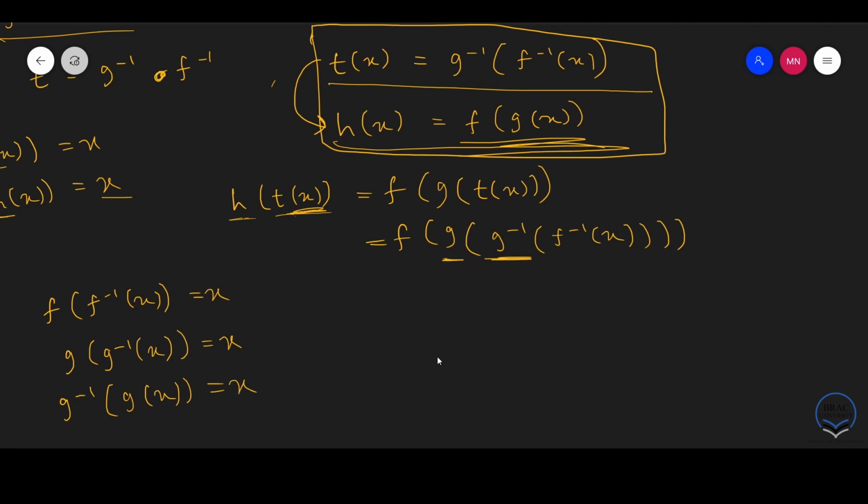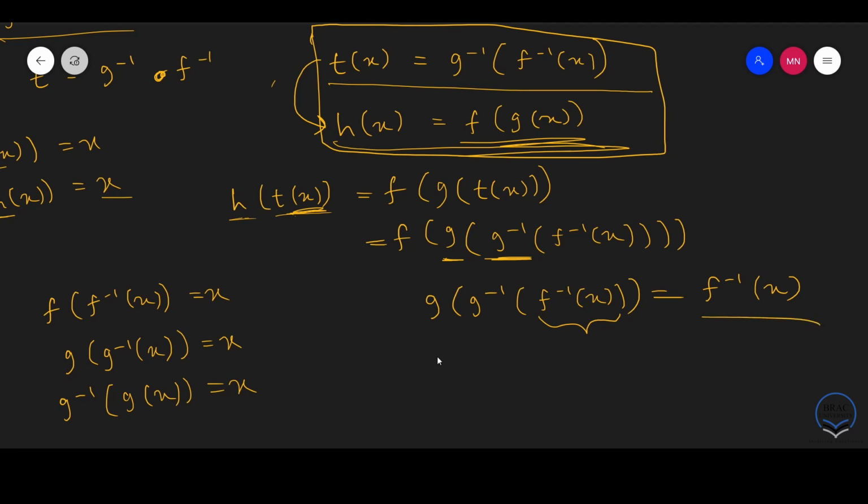So similarly, we have g of g inverse of f inverse of x. So what should this be equal to? In this case, this is our input, so we should get our input back. And so g of g inverse of f inverse of x should give us f inverse of x, right?